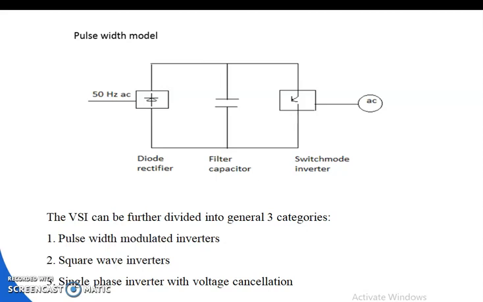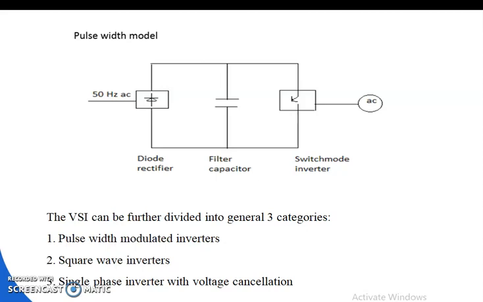The output of the rectifier is not pure DC; it contains some harmonics. The harmonic content is filtered by the capacitor, known as the filter circuit, whose main function is to remove or absorb the impurities, and then we get a ripple free DC output voltage. Then the pure DC is fed to the switch mode inverter, which again converts from DC to AC.